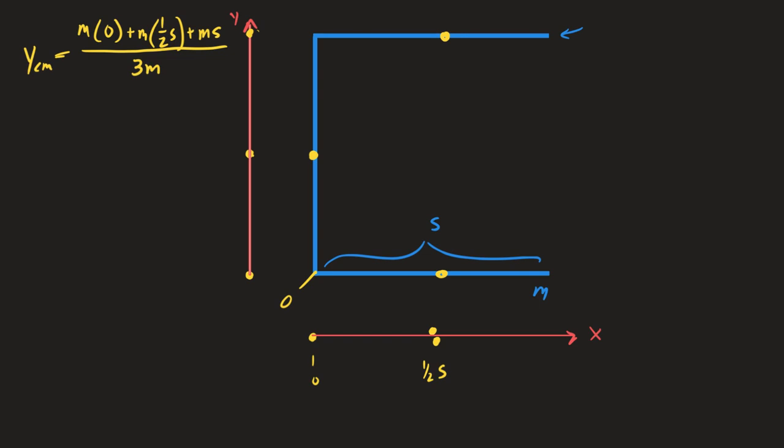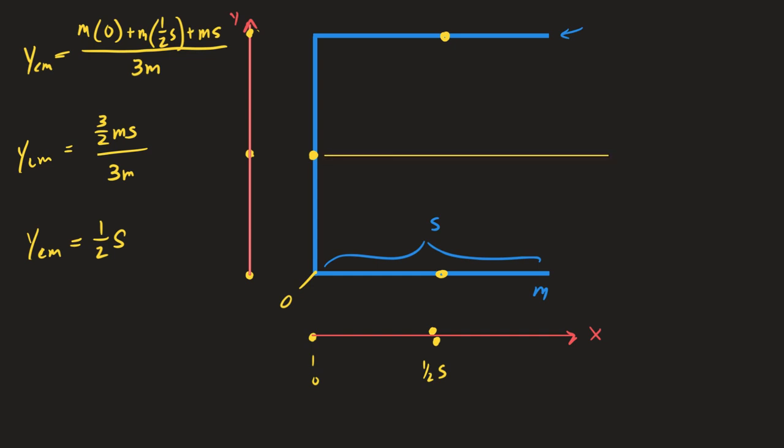They're all mass M. The top of this is 3/2 M times S. And the bottom is 3 times M. 3's cancel, and I get 1/2 S. I am not surprised, but that suggests that the center of mass is along that line.